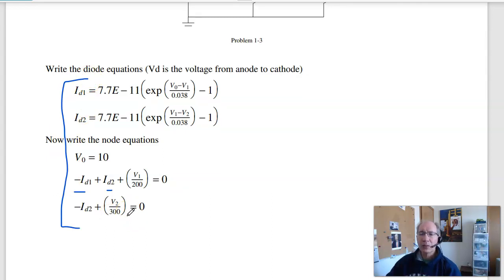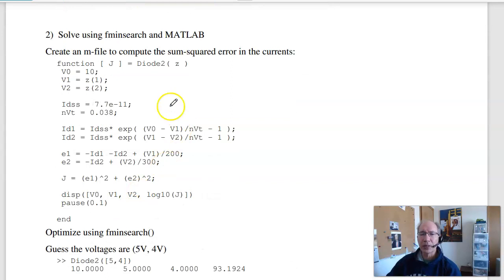Now to solve, that's where MATLAB comes into play. I'll create a function in MATLAB. I called it diode2. I'm going to pass matrix Z. Parsing it, what Z means is that's the voltage. That's your V1, V2, and V0 is 10. Once I know the voltages, I can find the currents through the diodes. Those are the diode equations.